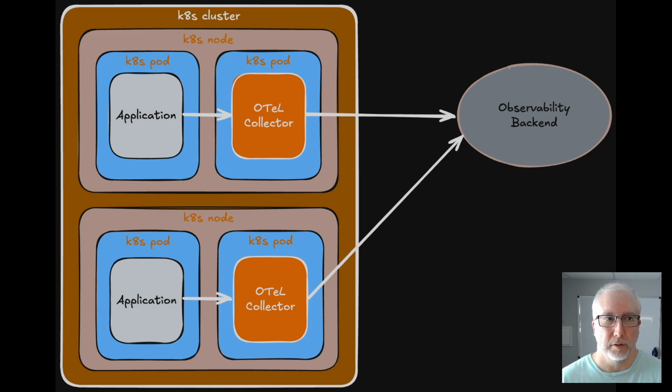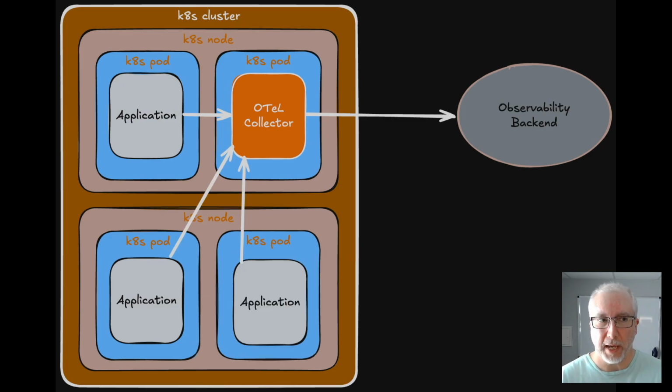Another option we have here is the gateway pattern. This pattern, as we can see here, allows us to deploy a single instance of the OpenTelemetry Collector on whichever node Kubernetes decides to deploy it on. And then all our services or applications are sending their telemetry data to that one collector instance.